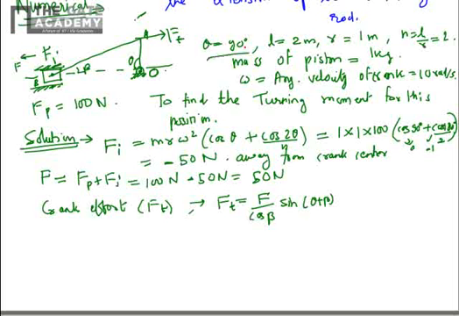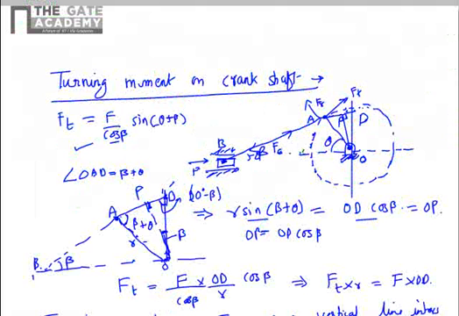So for calculating beta, we have our original identity in the crankshaft: Y. So AC is equal to R sine theta from triangle OAC, and Y is also equal to AB, that is L sine beta in triangle CBA.